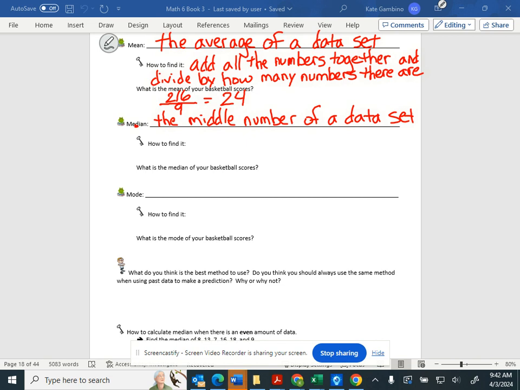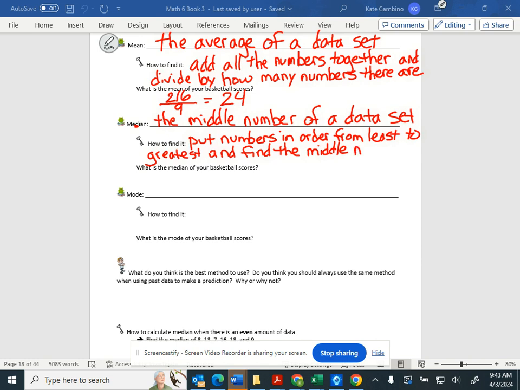So to find the median, what is the very important first step we have to do? Put the numbers in order, very important. Put numbers in order from least to greatest. And find the middle number.